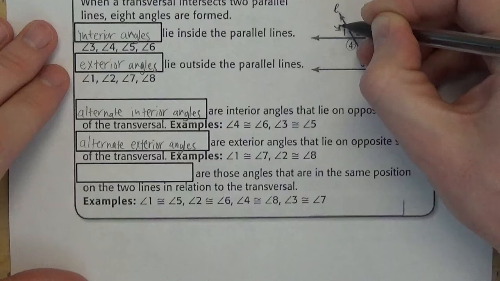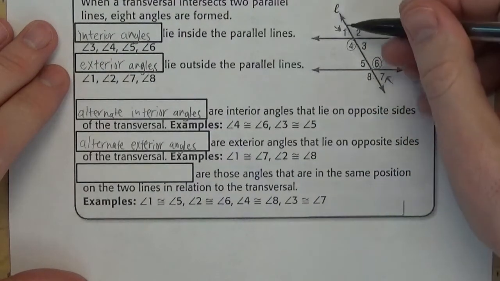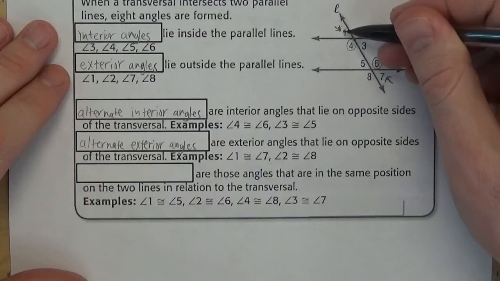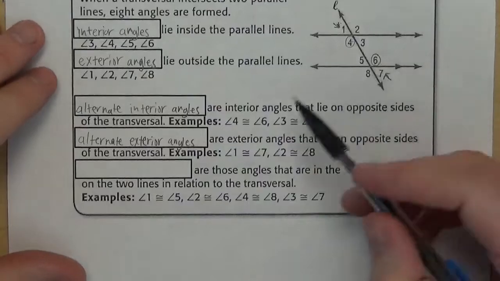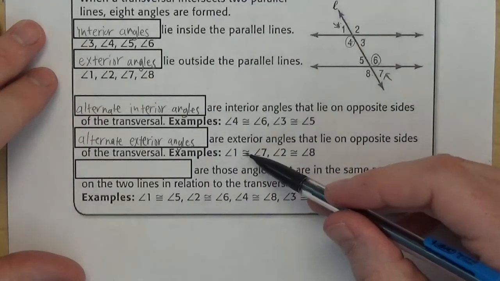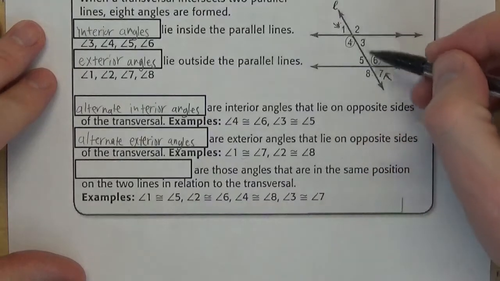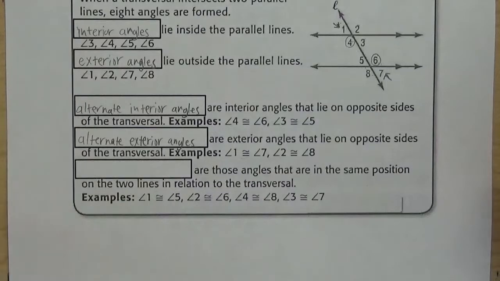So angle 1 and angle 7. Those are on opposite sides of the transversal. Here, this one's on the left, that one's on the right, but they're on the outsides of the parallel lines. And you notice that we have the same symbol here for these. They are also congruent. So angle 1 is congruent to angle 7, and the other pair, angles 2 and 8, are also alternate exterior angles.